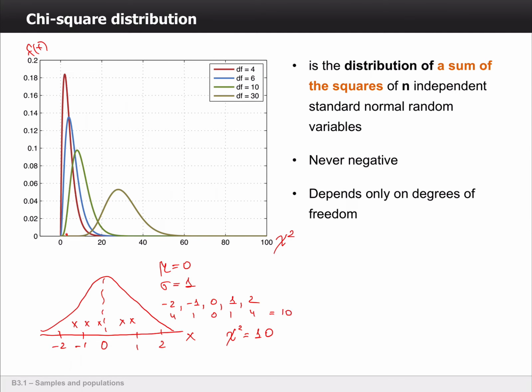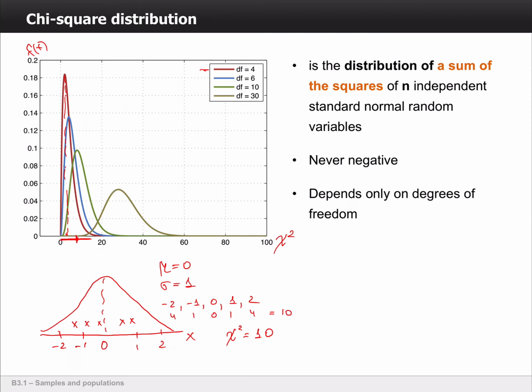Is it extreme or not? Well, we have the red line, this one, for 4 degrees of freedom, sample size 5, and you can see that this chi-square statistic can go somewhere between 0 and maybe 18. The 10 is somewhere here. You can see that this is the peak, the most dense value, somewhere around maybe 5, but 10 is also okay.